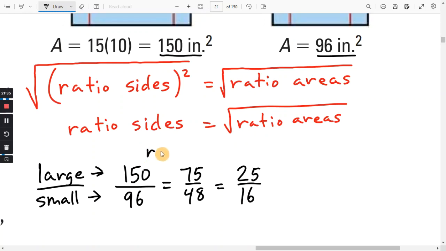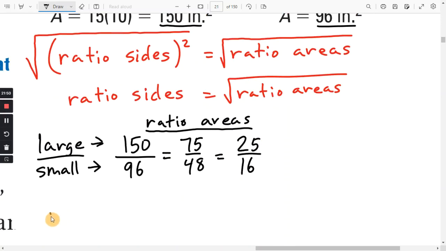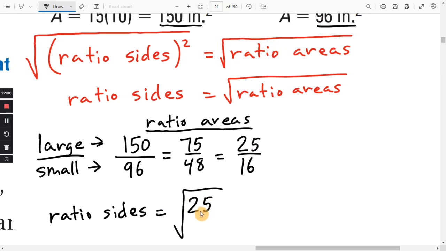All right, I'll just write it here. Ratio of areas. And we said the ratio of the sides is the square root of the ratio of the areas. So the ratio of the sides is going to equal the square root of 25 over 16.